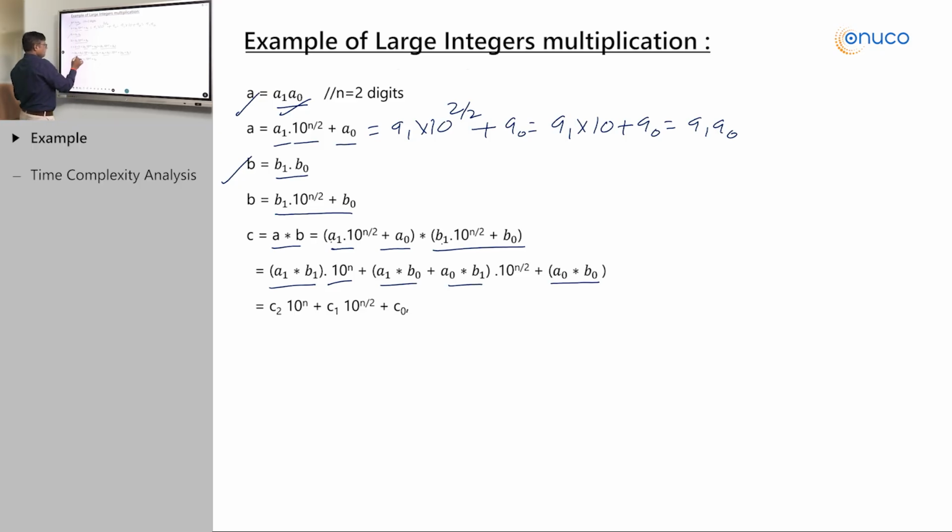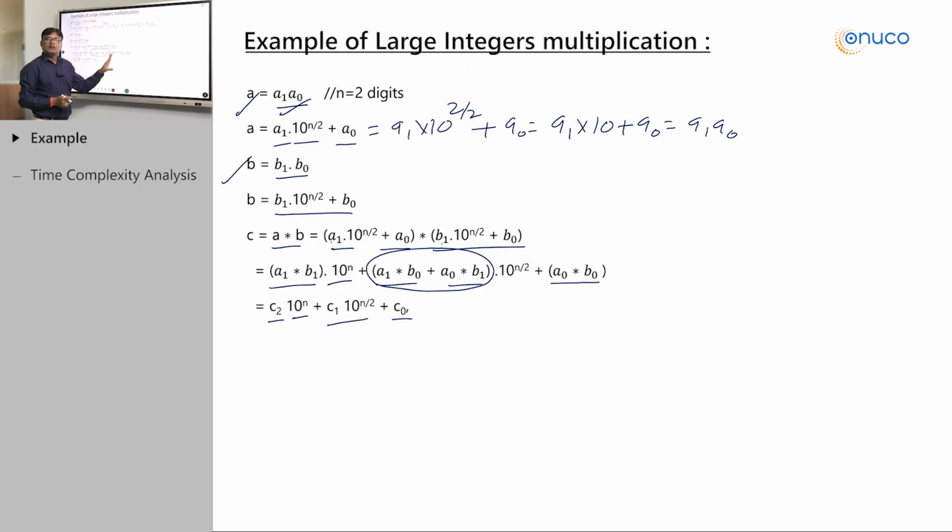Similarly, we can simplify using C2 10 to the power n, C1 10 to the power n by 2, and C0. Rather than using this, we are going to use these C values, C2, C1 and C0. For C1, I told you the formula: we add the unit place values with the tens place values, multiply them, and subtract the known values C0 and C2.